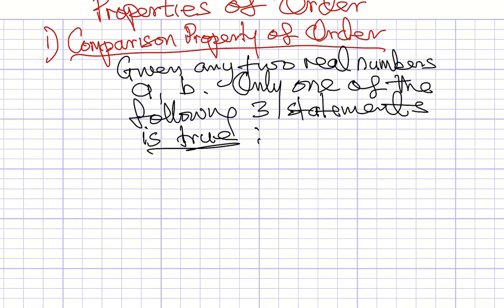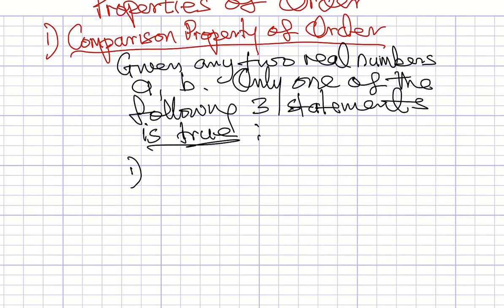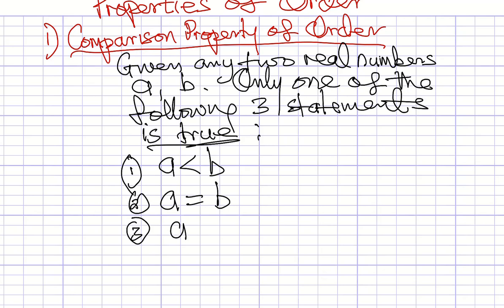The three statements are: 1, A is less than B, or 2, A is equal to B, or 3, A is greater than B. One of them has to be true. Two of them cannot be true, and all three of them cannot be true. One of them must be true.